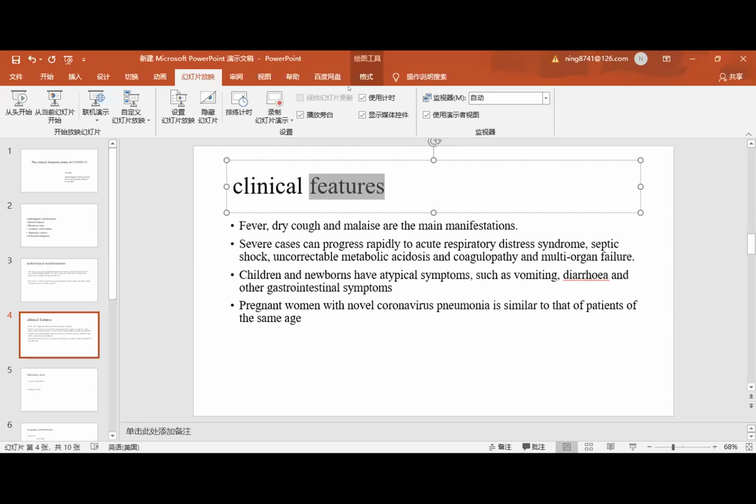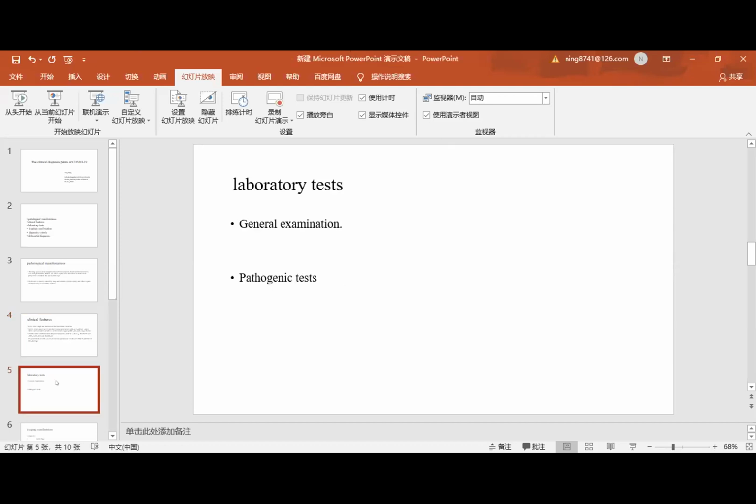Let me explain the laboratory tests. Firstly, in general examination, some patients may have increased liver enzymes, lactate dehydrogenase, muscle enzymes, and myoglobin, and some critically ill patients may have increased troponin.